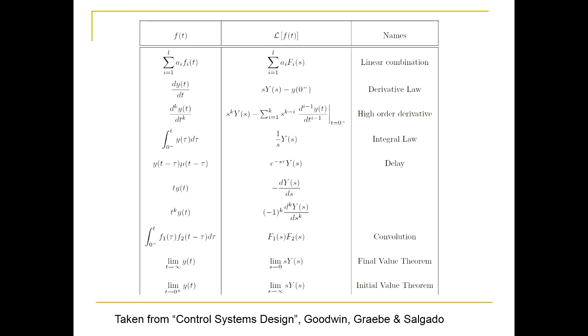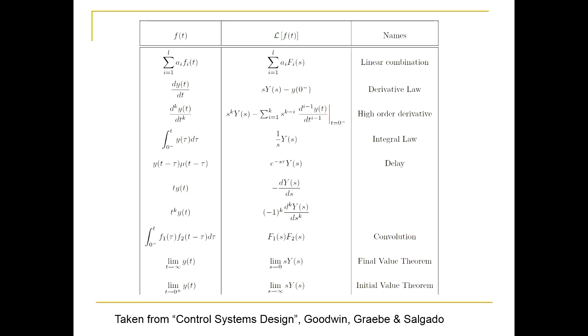So if we apply this formula to that model of linear systems, you would see that the Laplace transform of any output is equal to the product of the Laplace transform of the impulse response and the Laplace transform of the input. This would lead to the important concept of the transfer function.